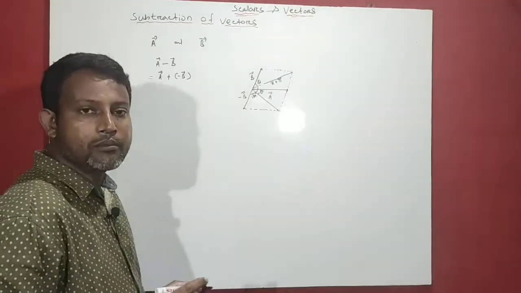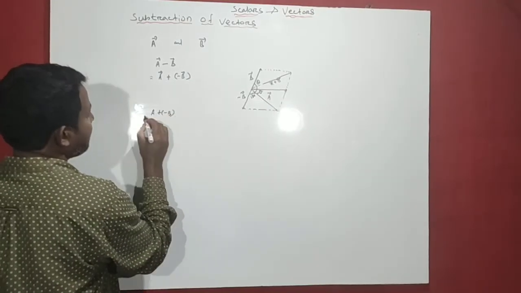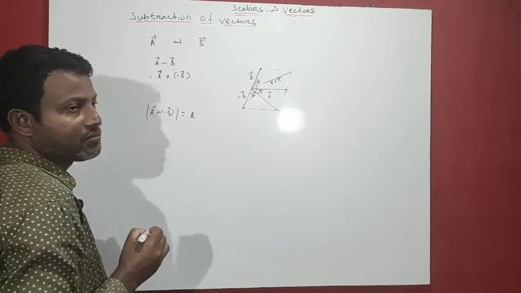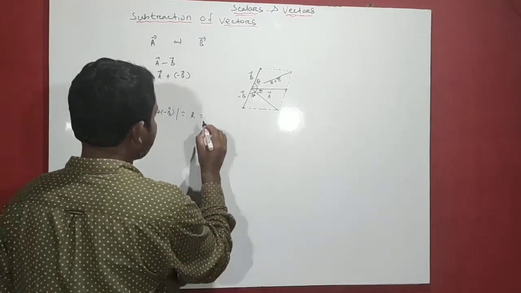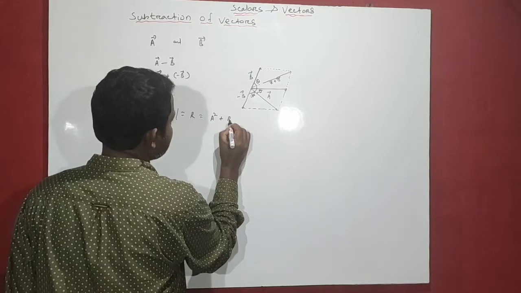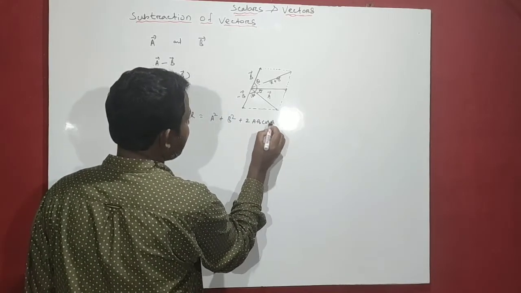So according to vector addition, the magnitude of R is equal to the square root of A square plus B square plus 2AB cos theta.